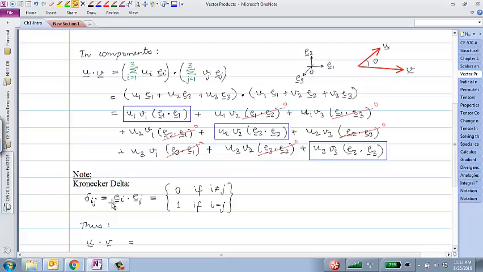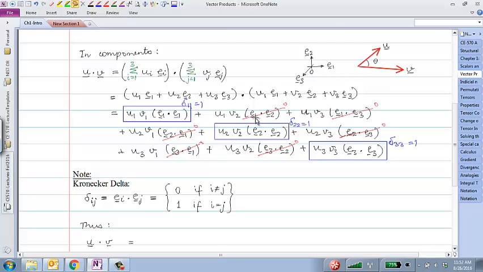So if you were to list out all of these values, you would get essentially all of these 9 terms, the ones in the brackets here, right? And clearly this is delta 1,1, which is 1. This blue term is delta 2,2, which is 1. This blue term is delta 3,3, which is 1.